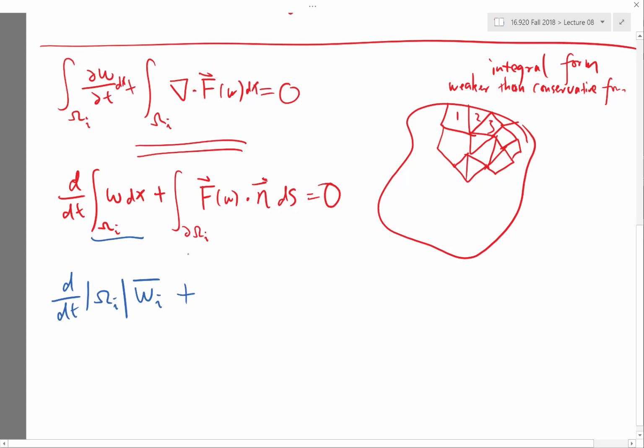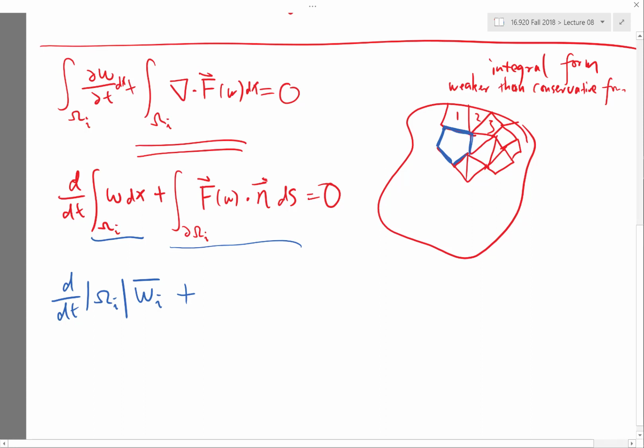Okay. So now, what's the boundary integral? If I have a cell, the boundary is this. I have to integrate over all the boundaries. In finite volume, the boundary of each cell can always be written as the summation over two parts. One part is the boundary between this cell and some neighboring cell.